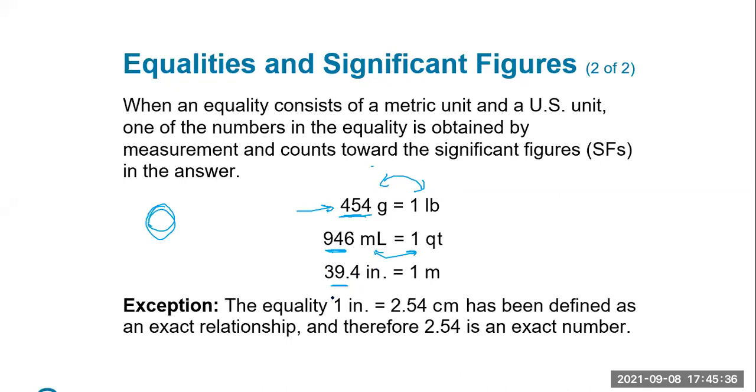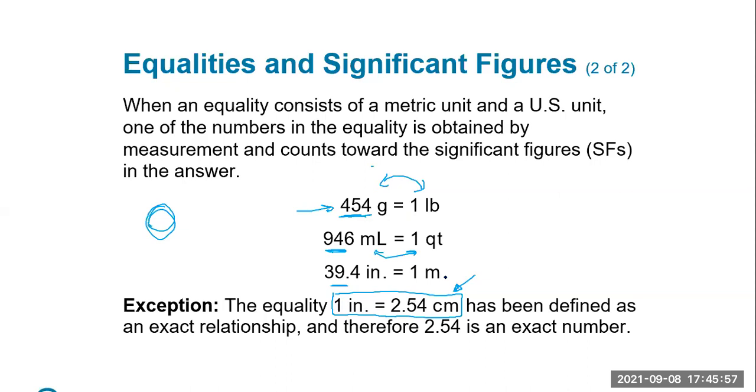The only one you don't really have to worry about is actually this conversion here. And this is one that you should know. 1 inch is exactly, and that's why people usually emphasize exactly 2.54 centimeters. So even though that again is sort of an English to metric conversion, we still consider that an exact number and would not count it.